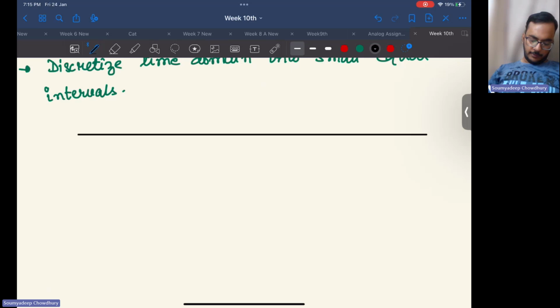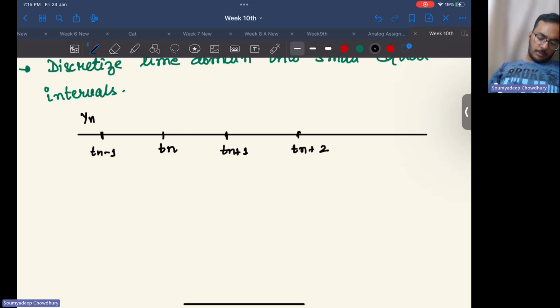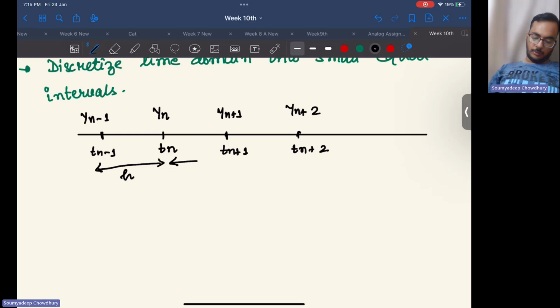So I'll show you here. Suppose you have different values of y here, right? Say this is t, the independent variable values, tn minus 1, tn, tn plus 1, then tn plus 2. Here you have yn minus 1, yn plus 1, yn plus 2. The gap between these consecutive values of t is the step size h. These are all equal step sizes.